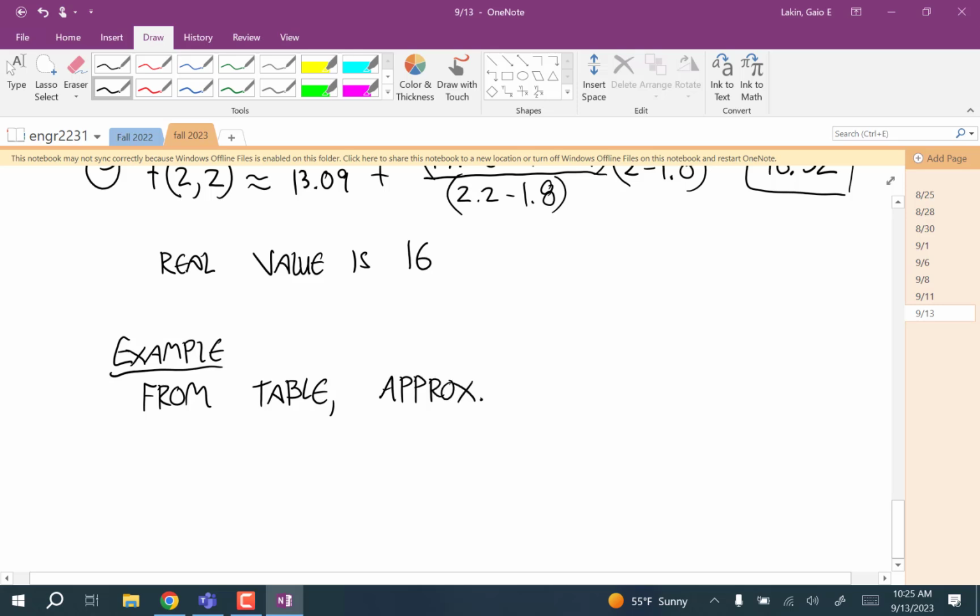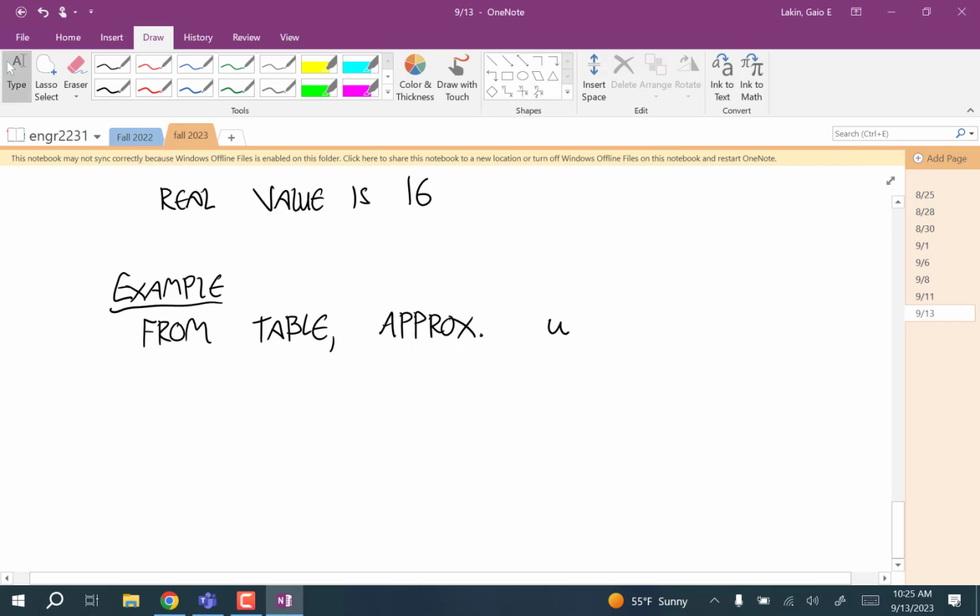Okay, so approximate the specific internal energy of refrigerant 134A at -9 degrees Celsius.